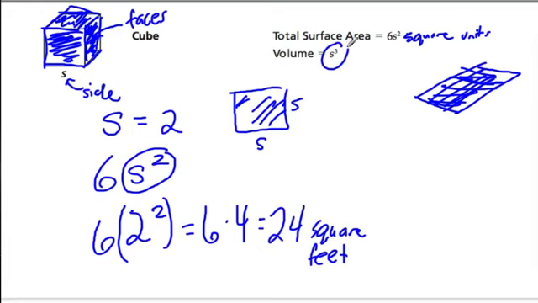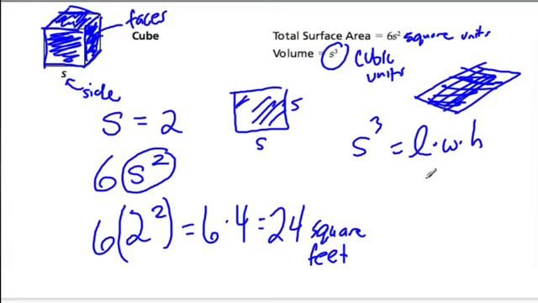Now volume is in cubic units. So when you're finding the volume, you're finding out how much could I fill in this cube, and you're actually finding out how many cubes would fit in it. So it's s to the third power because you're multiplying length times the width times height.